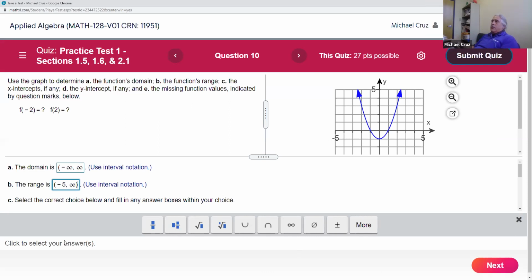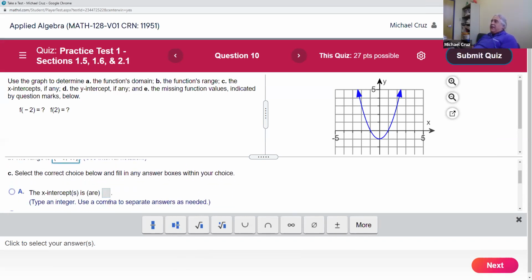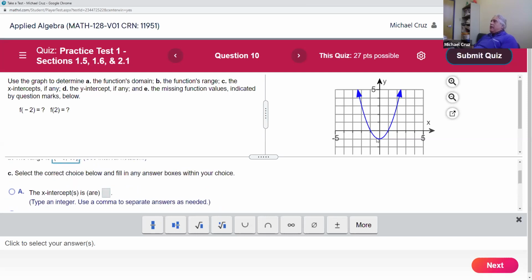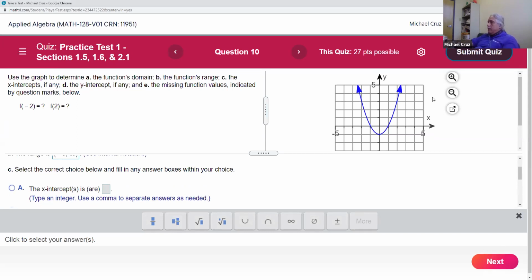All right, so for C, it says x-intercepts. And I'm a little bit wondering about something now that I've blown it up, that it distorts something.